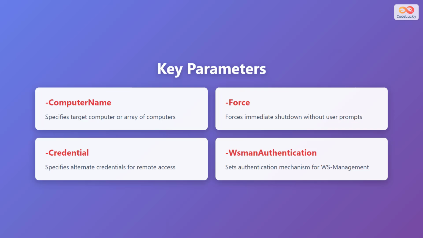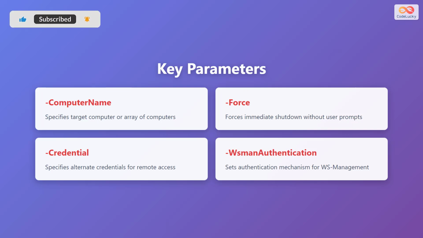Stop-Computer also has several important parameters. The -ComputerName parameter specifies the target computer or an array of computers, just like with Restart-Computer. The -Force parameter forces immediate shutdown without user prompts. The -Credential parameter is particularly important for Stop-Computer, as it allows you to specify alternate credentials when you need to shut down remote systems that require different authentication.